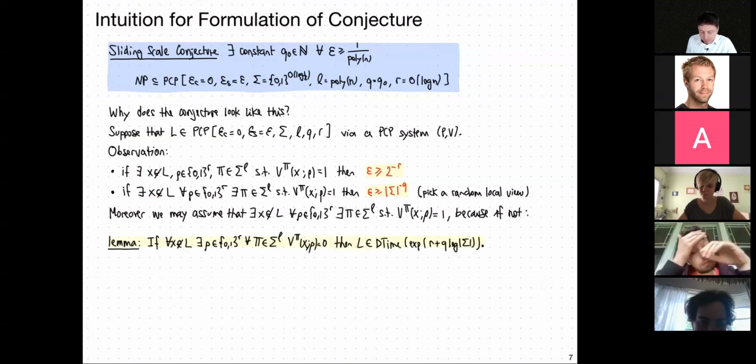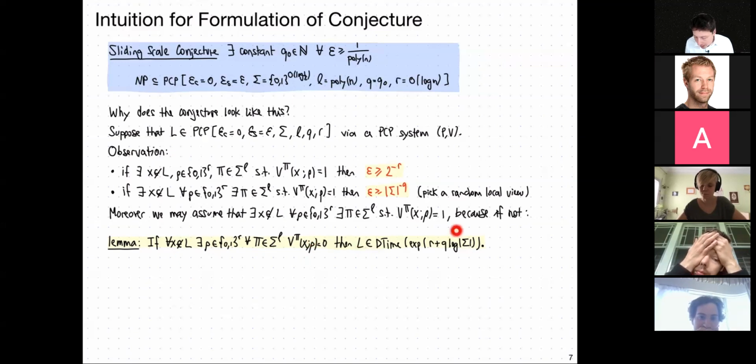Well, if not, then something weird happens. Put differently, if for every instance not in the language, there is always some randomness that, regardless of the proof, makes the verifier reject, which is what it should do, then the language is not too hard to begin with.